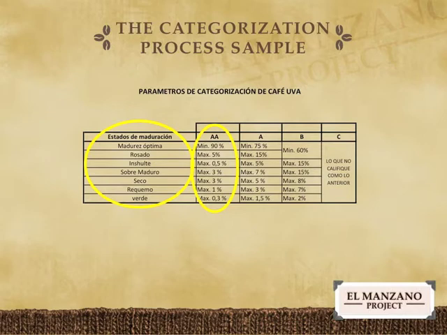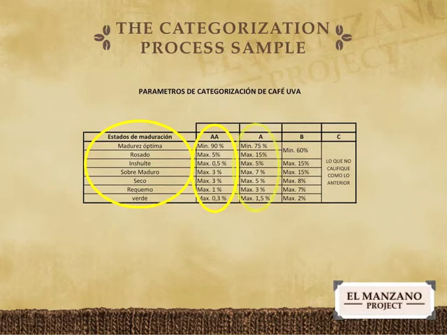So in this case, maximum 5% pink, 0.5% yellow, 3% overripe.